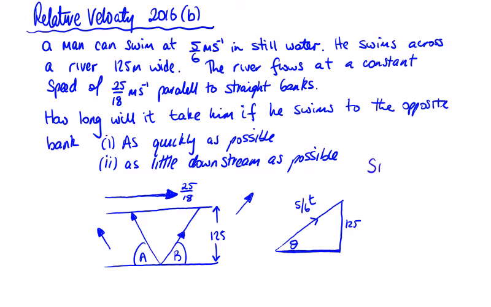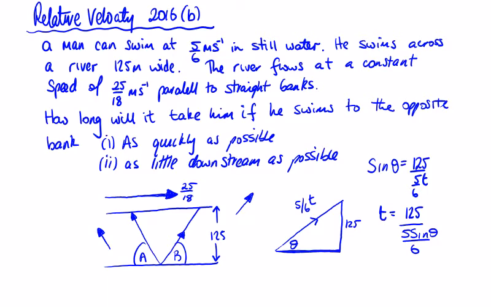So the sine of theta is equal to O, which is 125, over h, which is 5/6 times t. So let's simplify that down. The sine theta will swap with the t. So t is equal to 125 over 5 sine theta over 6.